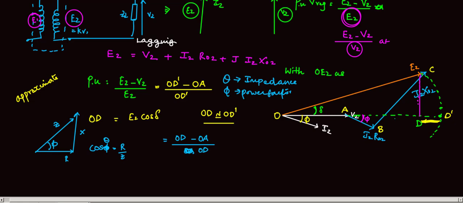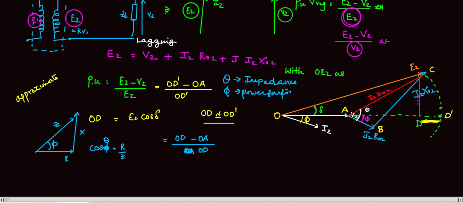So you see here, this is I2 RO2, AB is I2 RO2, BC is I2 XO2, and the resultant triangle is I2 ZO2. So what is the effective angle here?